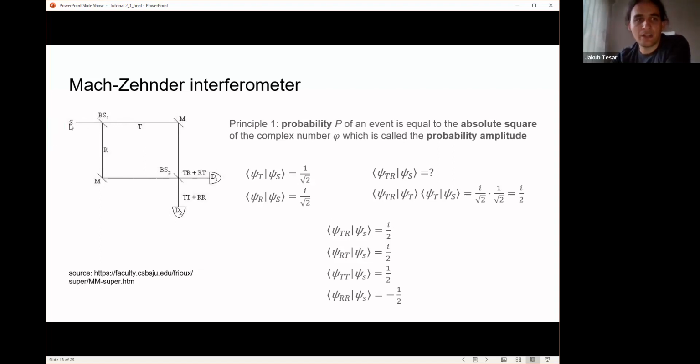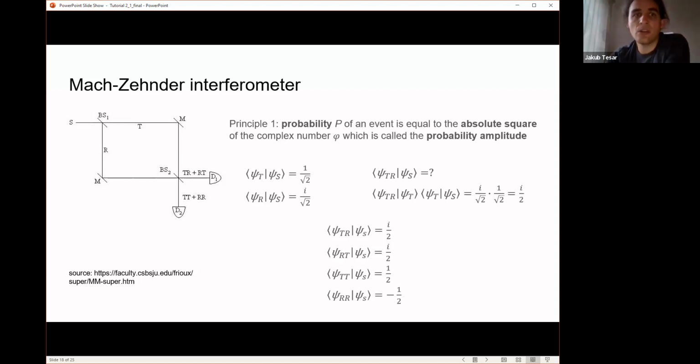And for reflection and reflection, which is most interesting, we have i over square root of 2 multiplied by i over square root of 2, which is i square, which is -1 over 2. So this is the amplitude for this path, which goes reflection and another reflection into detector 2.